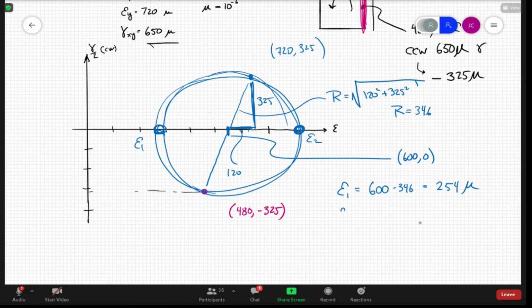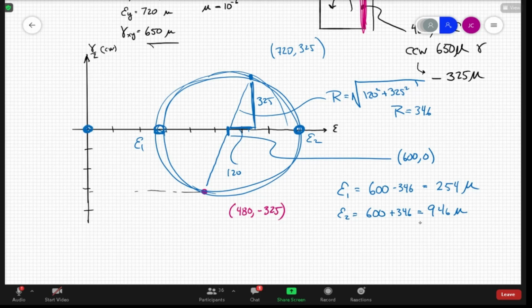The second principal value is 600 plus 346, and that's 946 microstrains, okay? Also, remember, there is a 0 strain for the out of plane, all right?